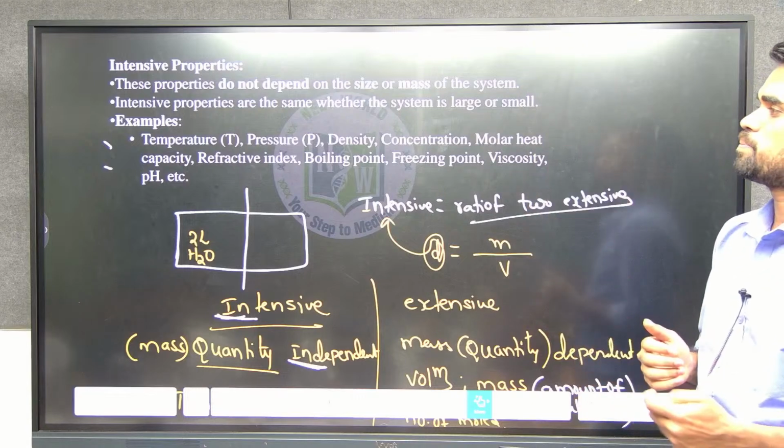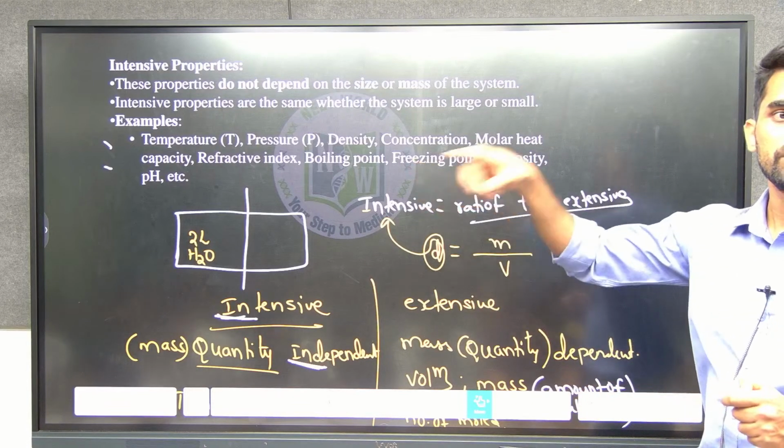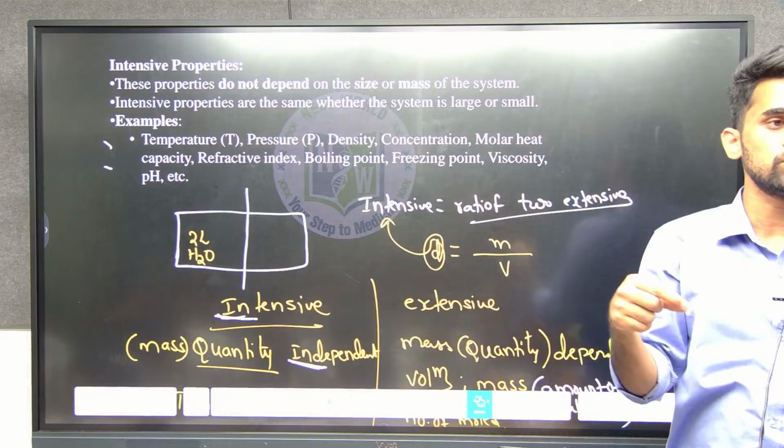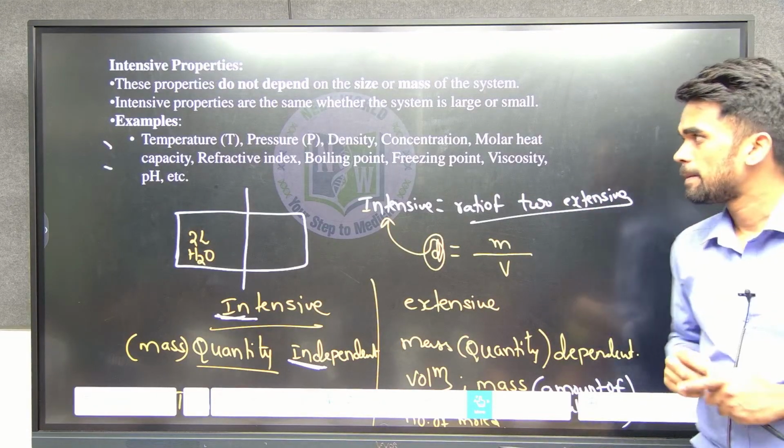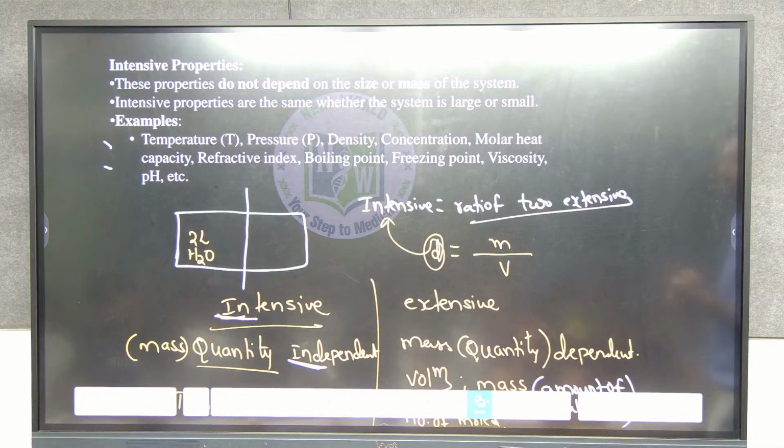If you go to the PYQs, there will be direct questions: which of the following are extensive and which of the following are intensive. Like this you will see the question. Temperature, pressure, density, next concentration, molar heat capacity.